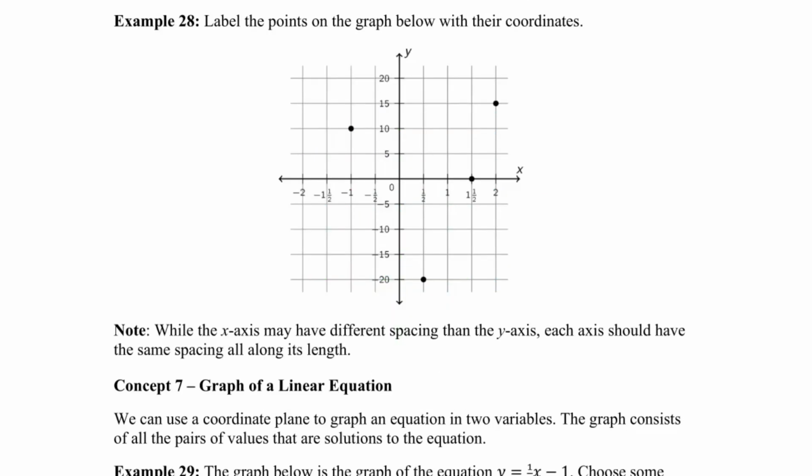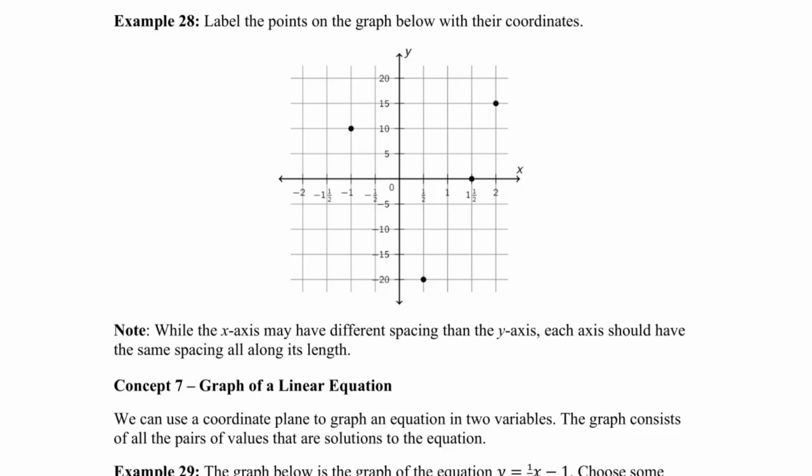In this next example, we have a set of axes again, but notice on the y-axis we're counting by 5s. On the x-axis, we're counting by a half. So when we want to figure out the coordinates of these points, we can't just count how many squares away from 0 we are. We have to see how our grid lines are labeled.